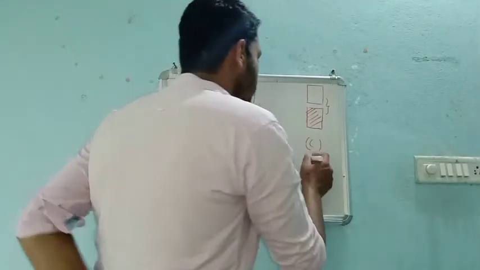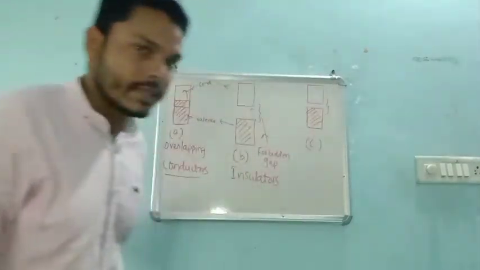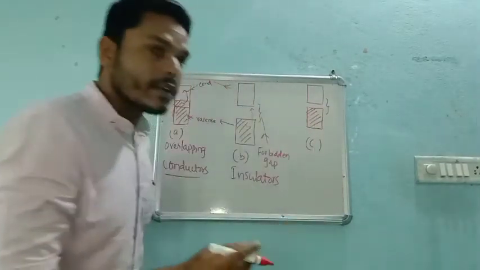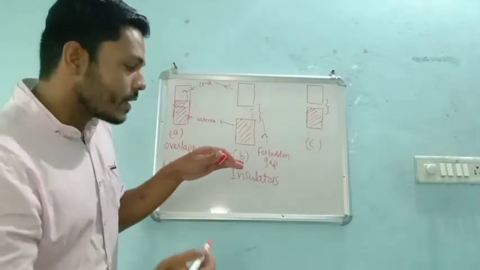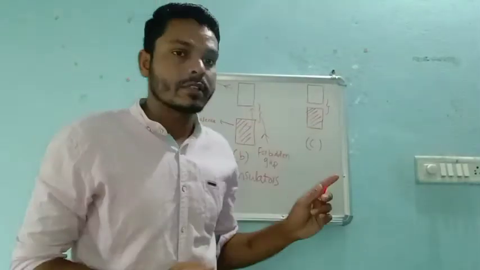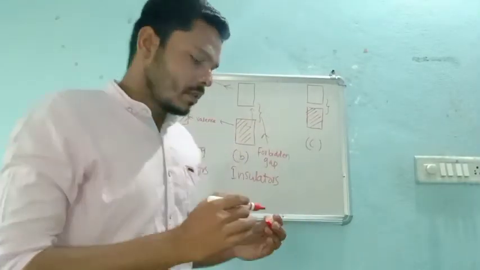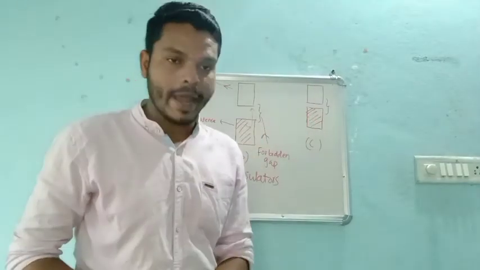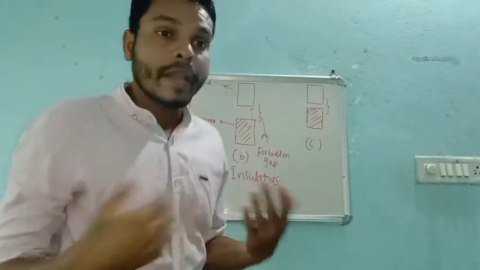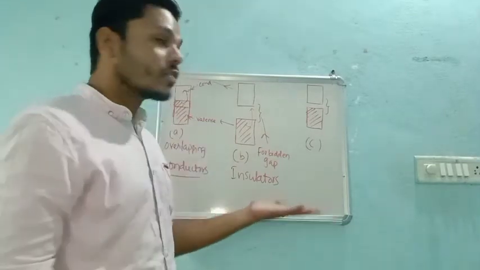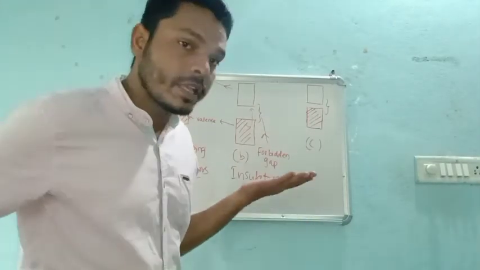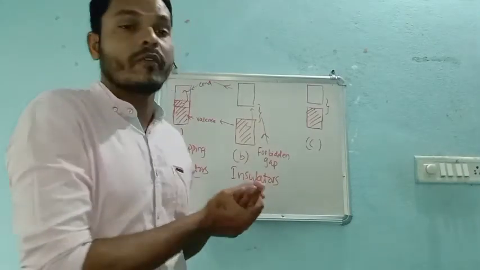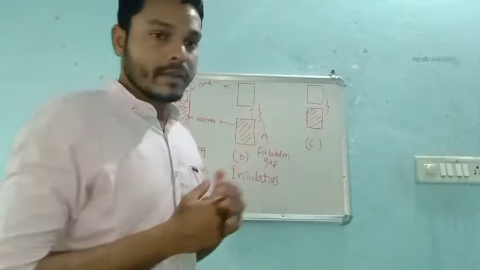In the case of semiconductors, there is a gap, but the gap is not so large that the valence electron will not enter the conduction band. The electron present in the valence band can sometimes transfer. It depends on the nature and on the amount of energy we apply.